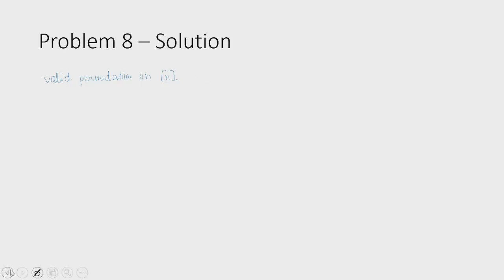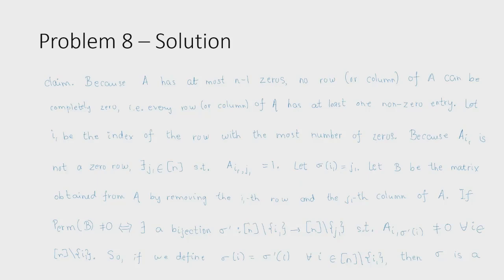So what we have shown, also, A I sigma I is not equal to 0 for all I. Why? Because A I1 sigma I1 was A I1 J1, which was clearly non-zero.